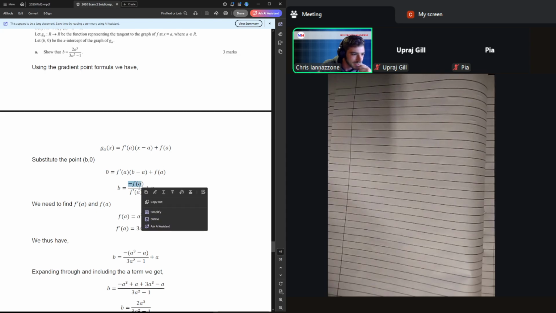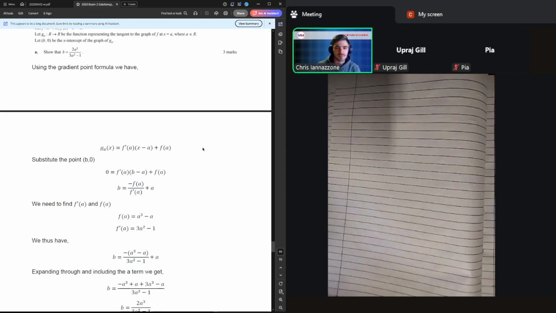You've got f on top of f dash rather than the opposite way around, but it's got that similarity to it. Actually, no, is it f on f dash? No, it was f on f dash, wasn't it? That's what Newton's method is. And that should make sense because Newton's method is the repeated solving of x-intercepts of the tangent lines.